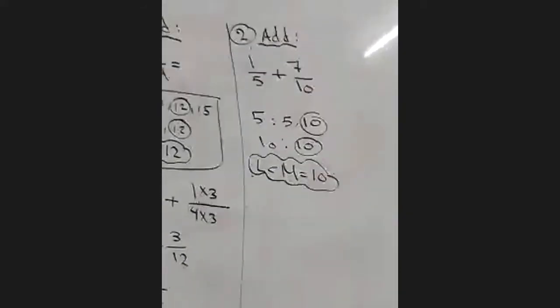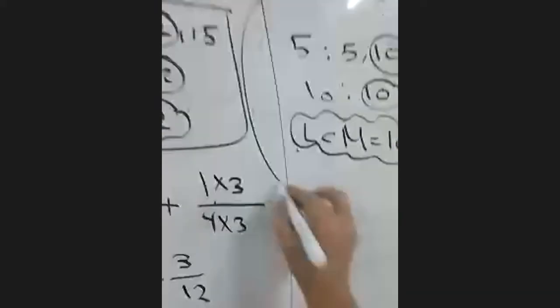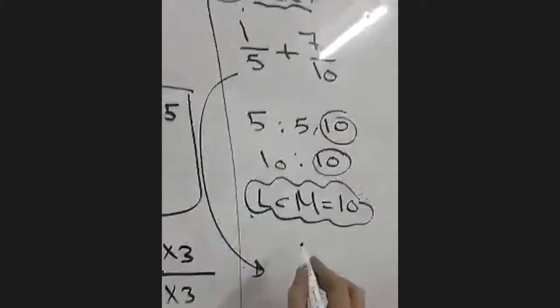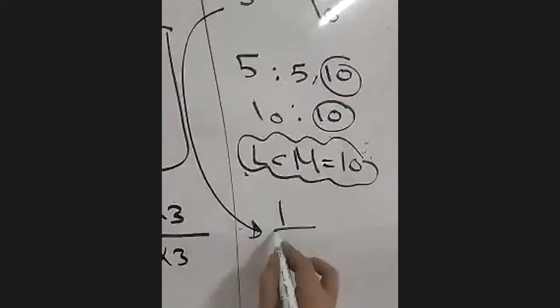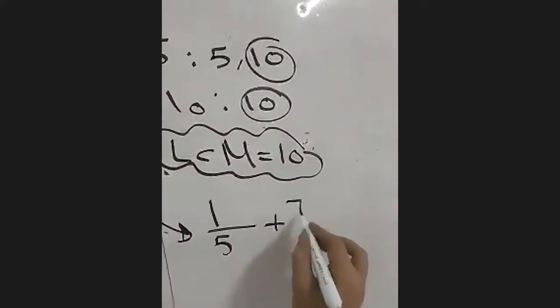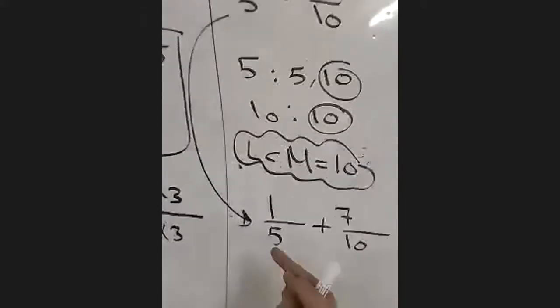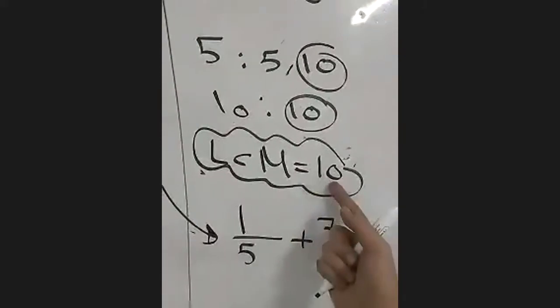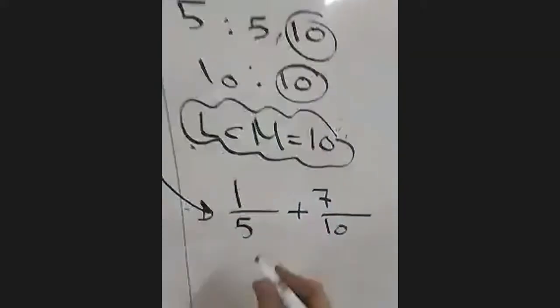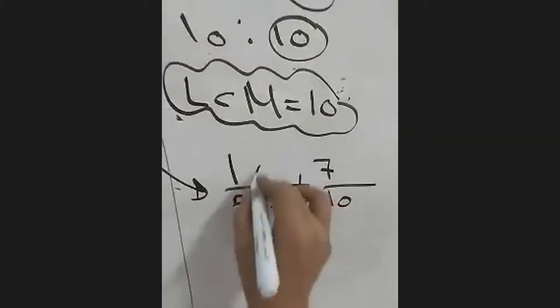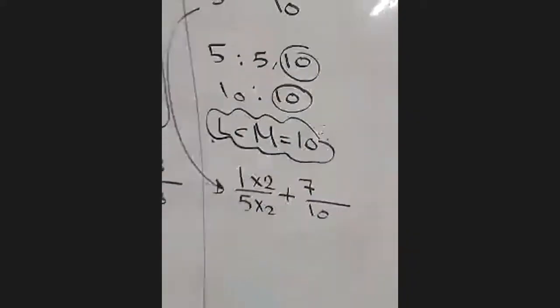After I find the least common multiple, I will go to my fractions and rewrite them. Now I will ask myself, how does the 5 become 10? By multiplying with 2. So you multiply up and down here by 2.